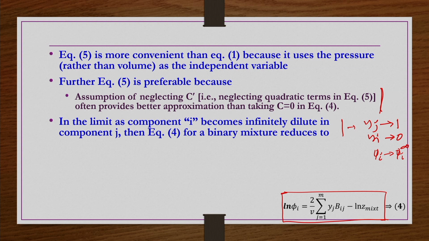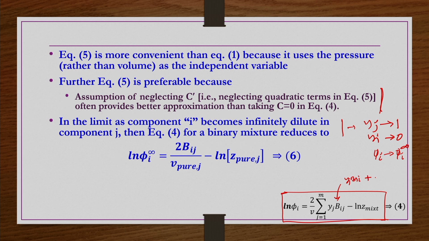Then ln phi i in this equation has yi Bii plus yj Bij. Now yj is 1 but yi is 0.